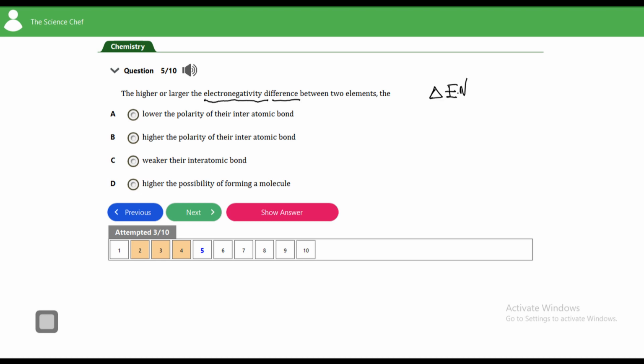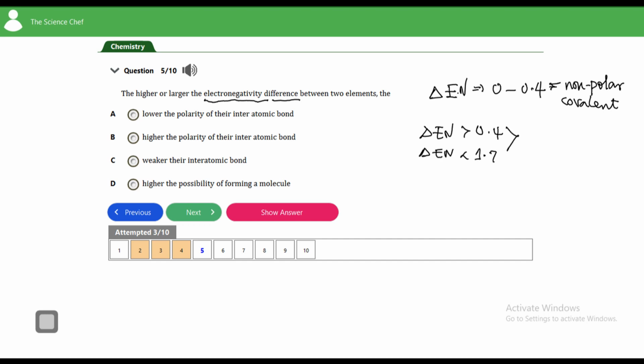If the difference between the electronegativity of two atoms forming a bond is between 0 to 0.4, then that bond will be non-polar. And for the fact that it is non-polar, it also means that it is covalent in nature, right? If the difference in electronegativity is greater than 0.4 but less than 1.7, in other words, between 0.4 to 1.7, then it will be a polar bond, but it will also be covalent, right?